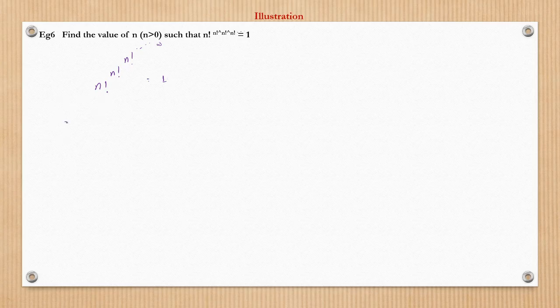Can I write this as n factorial raised to power the whole term, which is nothing but the expression itself, which is 1? Let this be y, suppose. So I can write this as n factorial raised to y, because this is also nothing but n factorial raised to power n factorial raised to power infinity. And I know that y is nothing but 1.